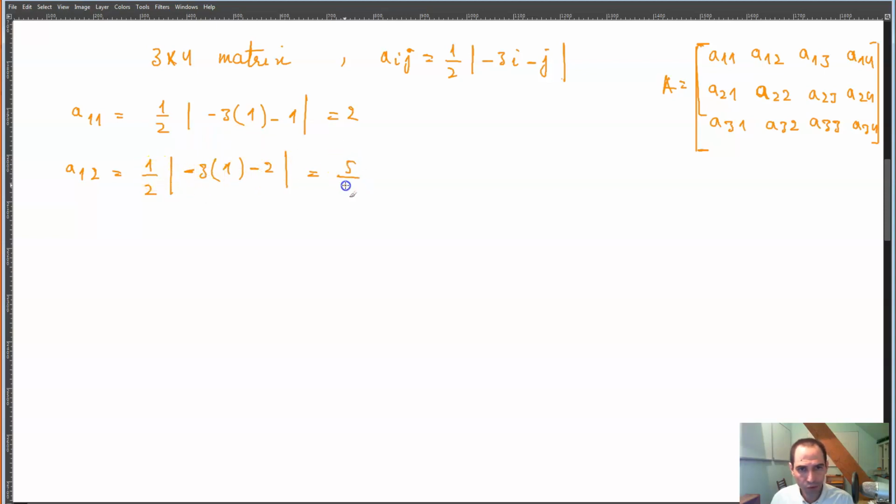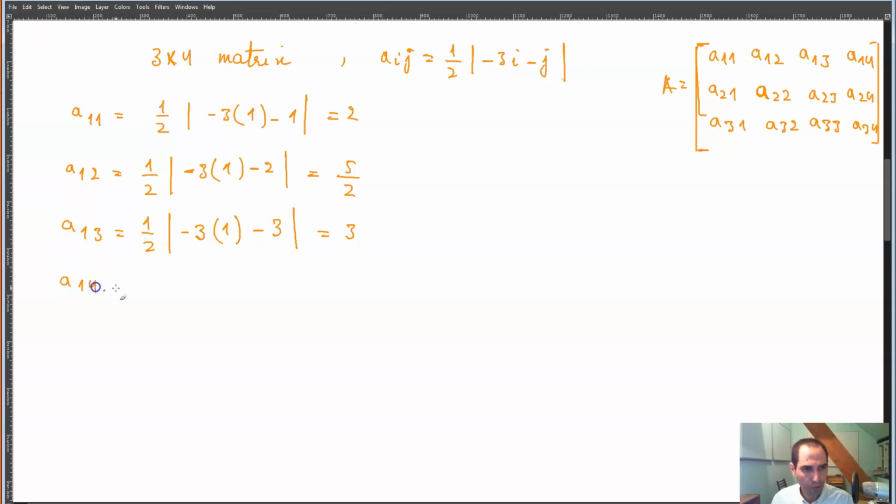That's 5 by 2. A of 1,3 is equal to 1/2 of the absolute value of -3 times 1 minus 3, which is equal to -3 minus 3 is -6, so that becomes +6. 6 divided by 2 is equal to 3.